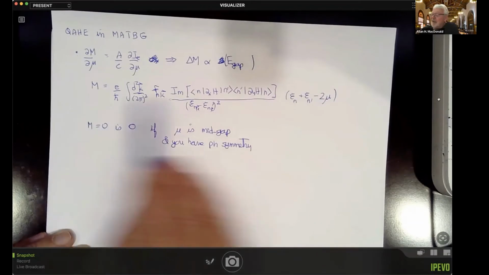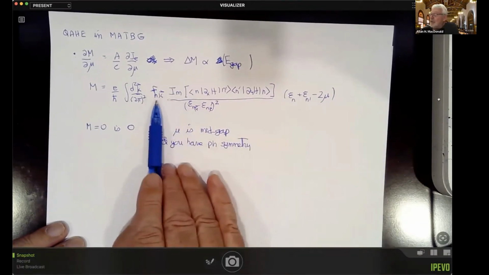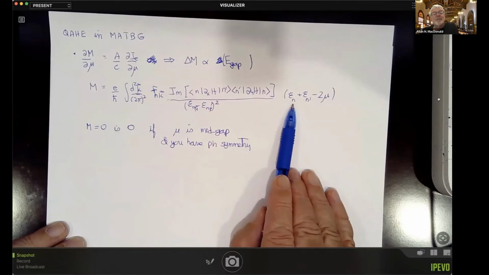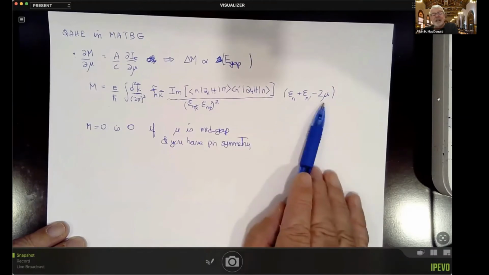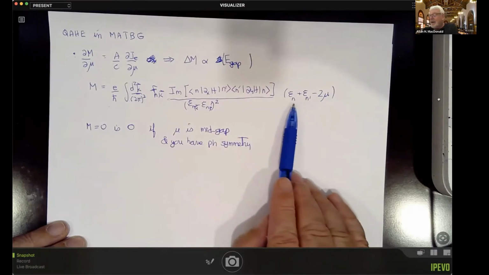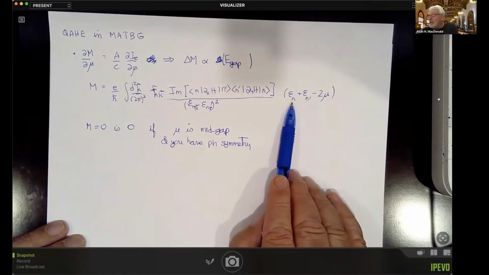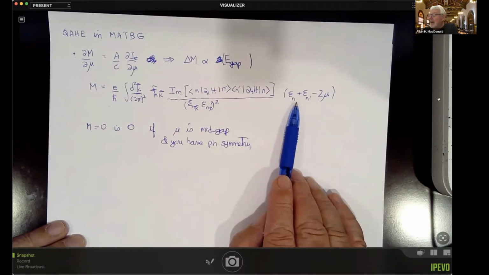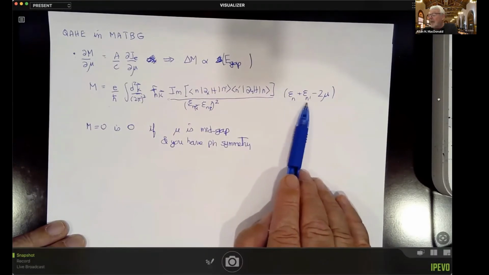And in this expression, the contributions, you can show, come from transitions between occupied and empty states. If the chemical potential is at the middle of a gap of a particle-hole symmetric system, then I'll call the negative energy states the valence bands and the positive energy states the conduction bands. And for every pair of them, I can switch the band indices N and N prime between conduction and valence.